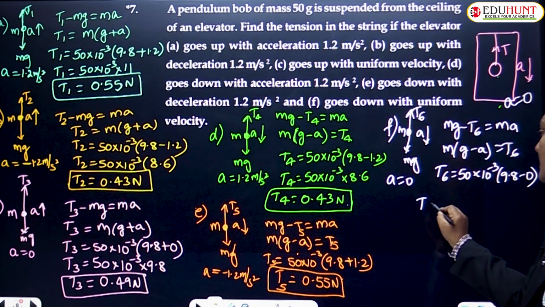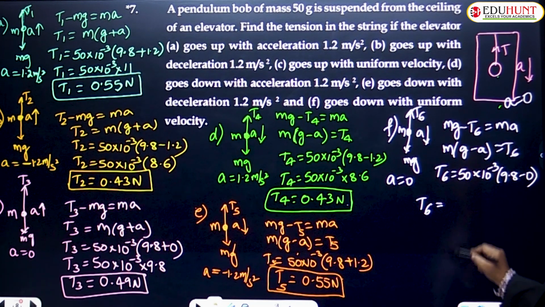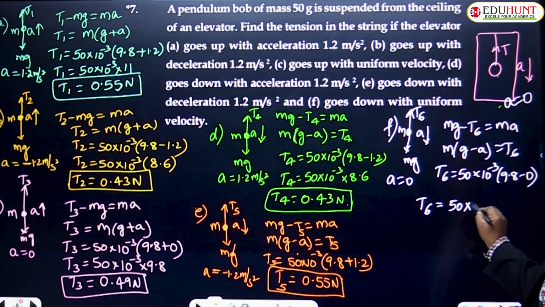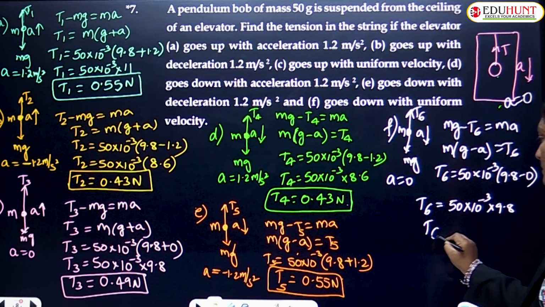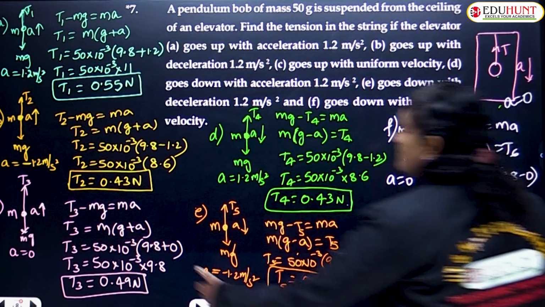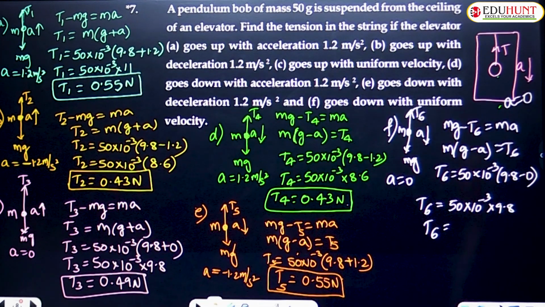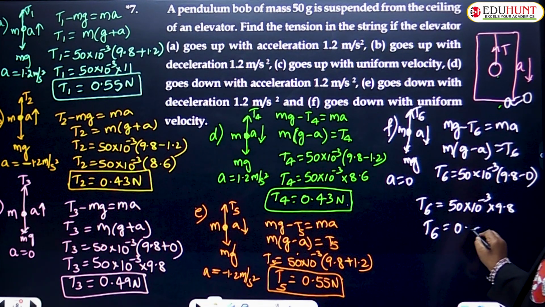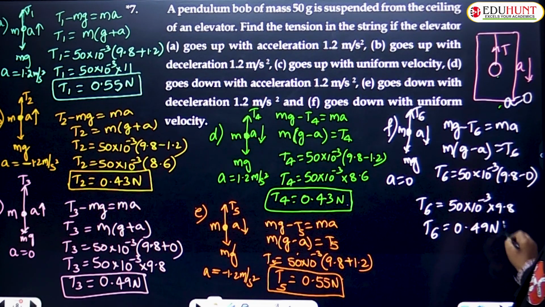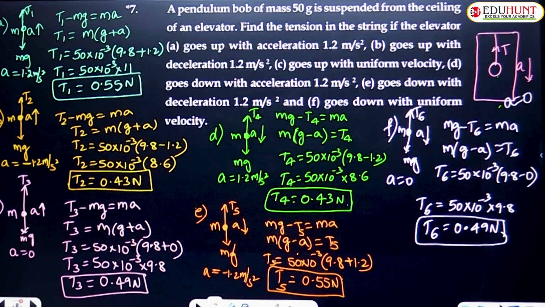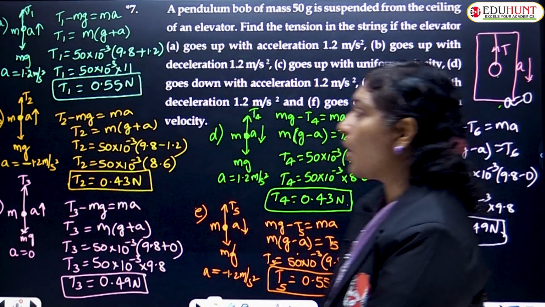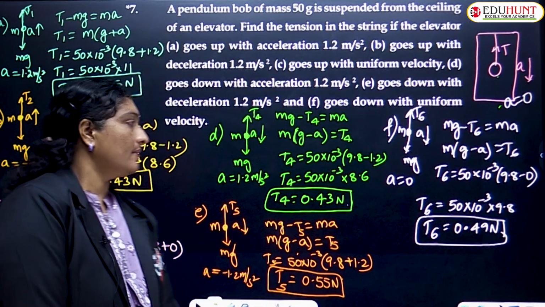Hence the tension in the string is found to be 50 into 10 power minus 3 into 9.8, whose value is 0.49 newtons. So these are the different cases that are possible with the lift: upwards, downwards, acceleration, deceleration, uniform velocity. All modes are covered, and hence the result.